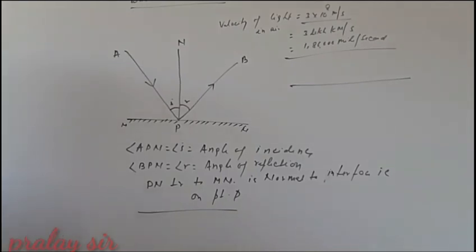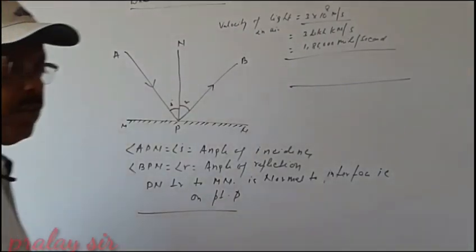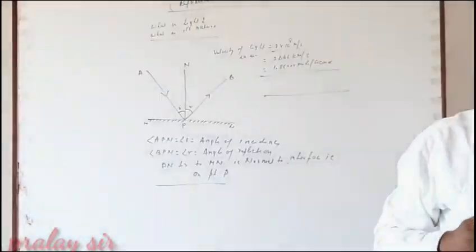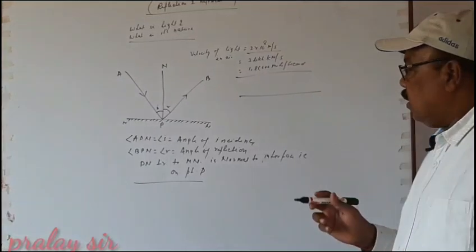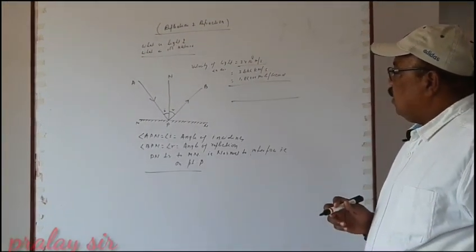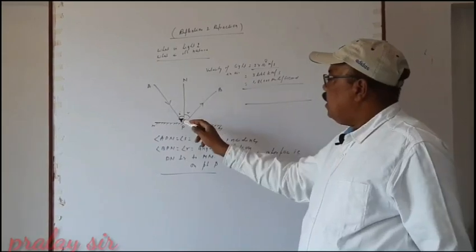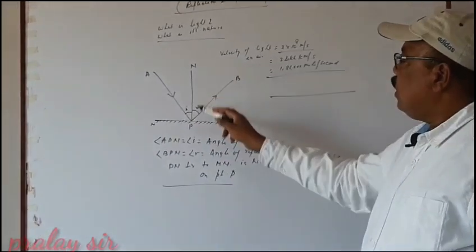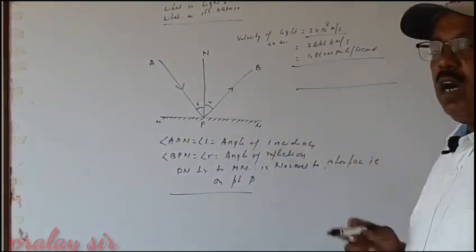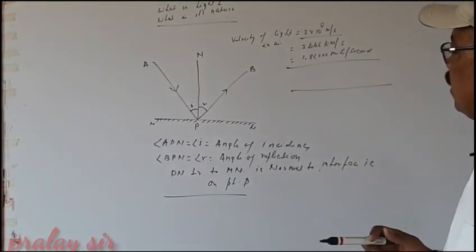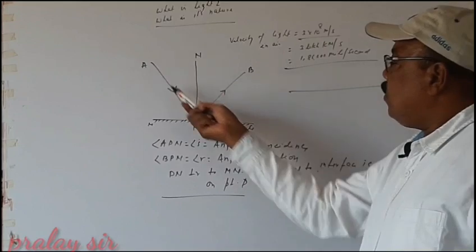Now we are coming to the law. Students, you are familiar with this law? The first law is that the angle of incidence I is equal to the angle of reflection R. Second law: this is our incident ray.